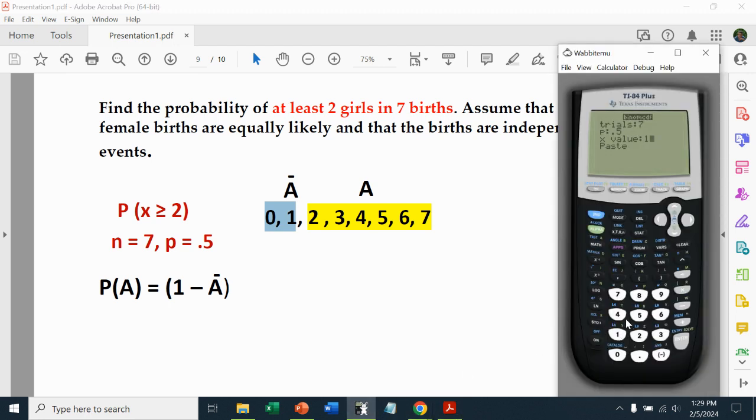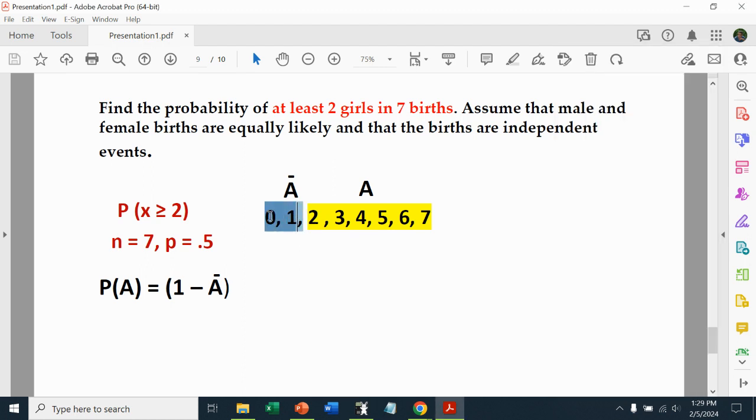Now, what's going to happen here? It's going to calculate the probability of 0 with 1, and then it's going to subtract that answer from 1, and I'll have what I'm looking for, since this here and what's in yellow are complements, and the sum of the probabilities equals 1.